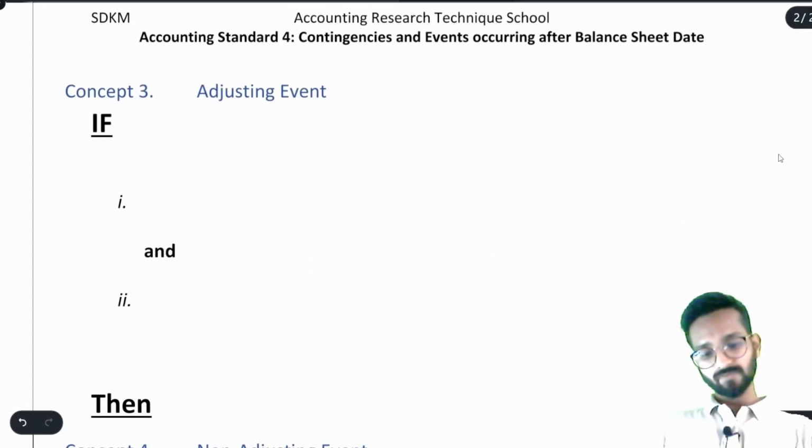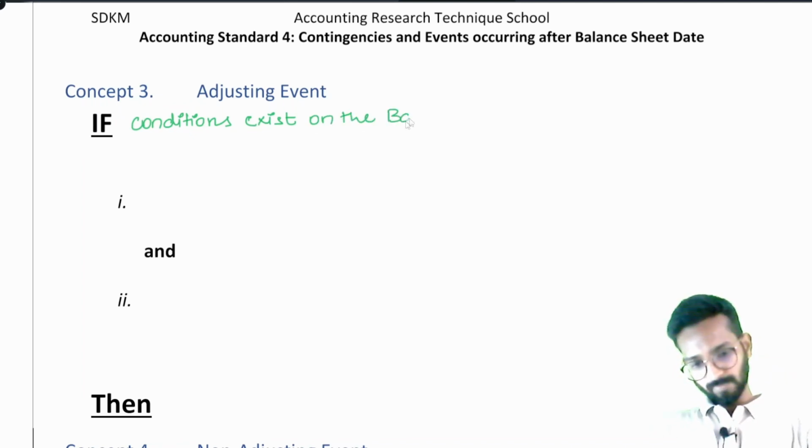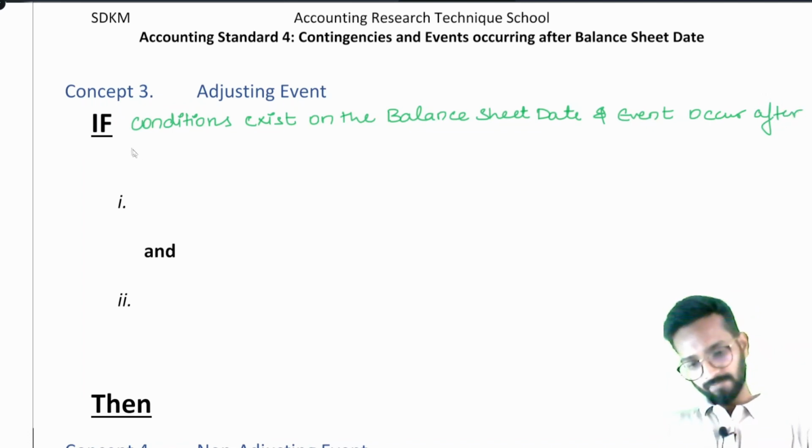Now, after this, we will write the definitions for adjusting event. See, first, what is an adjusting event? See, I am writing here: if conditions exist on the balance sheet date and event occurs after the balance sheet date.